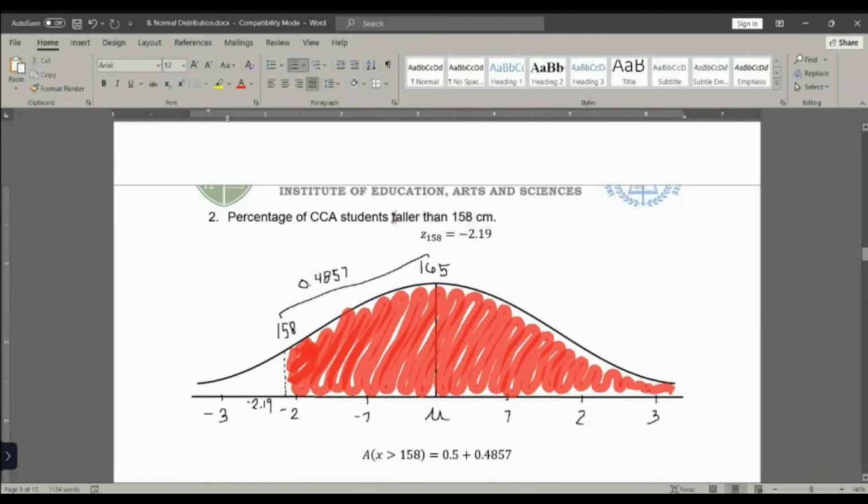So, hindi ito yung reference nyo, no? You cannot refer from here. Kahit shorter or taller than yan, this won't be your reference in deciding whether to subtract or add from 0.5. It's your illustration.